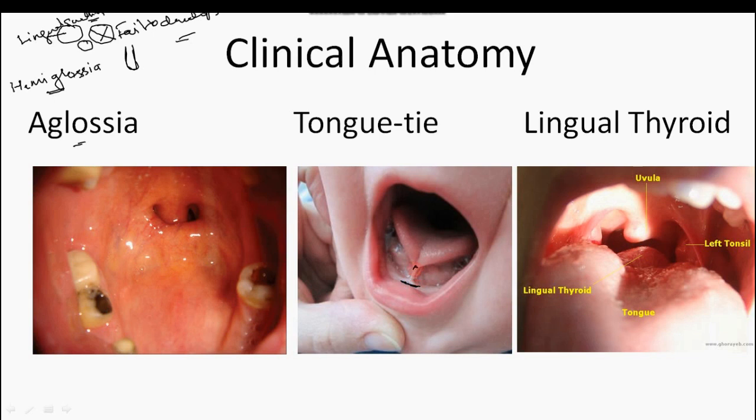As a result, one can't take the tongue either in upward direction or backward. So this is the tongue tie. The treatment is a small surgery: we cut this frenulum and do the suturing.